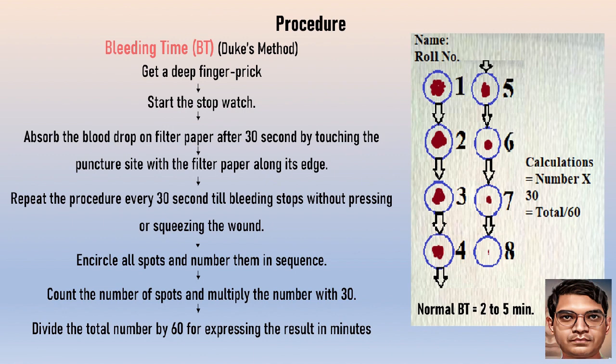Now encircle all spots and number them in sequence. Count the number of spots and multiply the number by 30. At last, divide the total number by 60 to express the result in minutes. Normal bleeding time is 2 to 5 minutes.